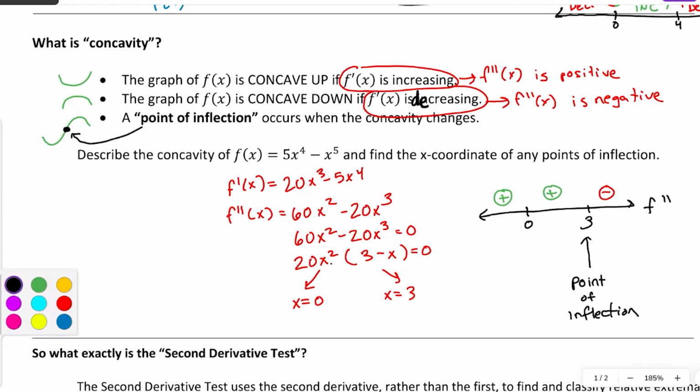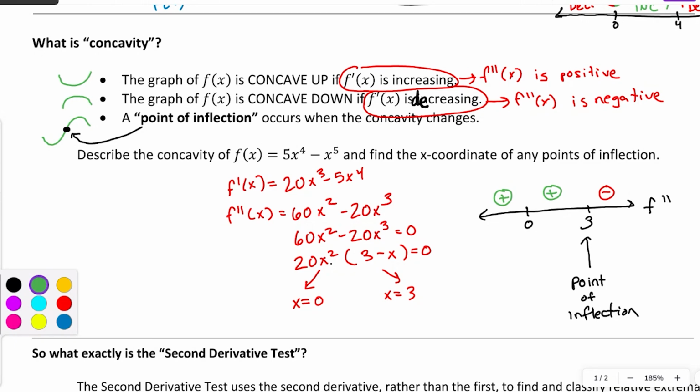All right. We can also, using the sign chart, determine where the graph of f is concave up or concave down. It'll be concave up if the second derivative is positive, and concave down where it's negative.